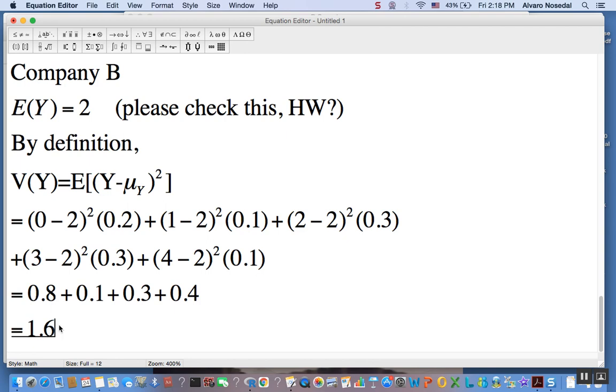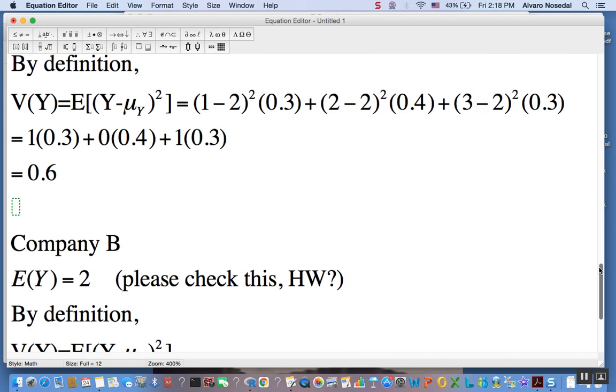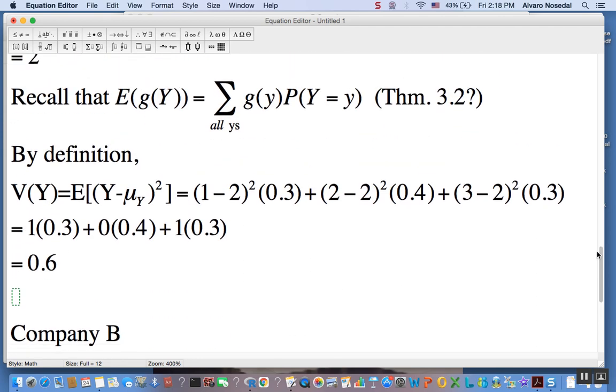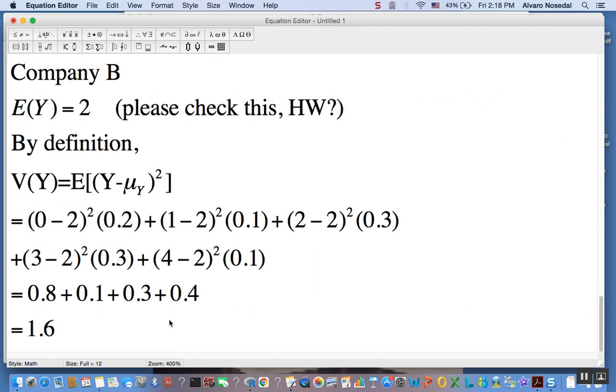Let me just point something out. The variance for that random variable y in the case of company A was 0.6. In the case of company B, it's 1.6. So, as we expected, the variance is greater for company B. Okay? Now, I would like you to notice something.